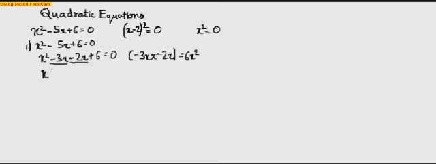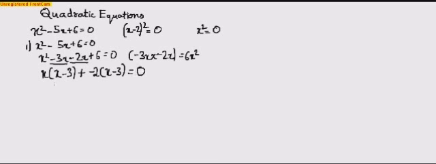Now we take x common from the first two terms and write x minus 3 plus, now we take minus 2 common from this and this term and write x minus 3 again, because if you take minus 2 common from this, x minus 3 is what you will get, and this whole is equal to 0.